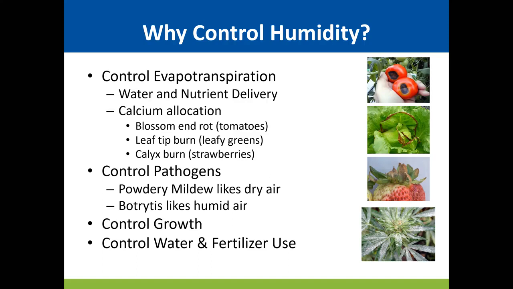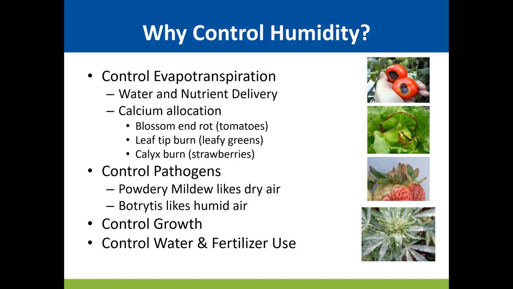Again, controlling humidity helps us to control plant evapotranspiration, and transpiration is critical to delivering water and nutrients from the roots to other parts of the plants. One of the biggest factors or diseases or deficiencies, I should say, associated with poor evapotranspiration is calcium allocation.